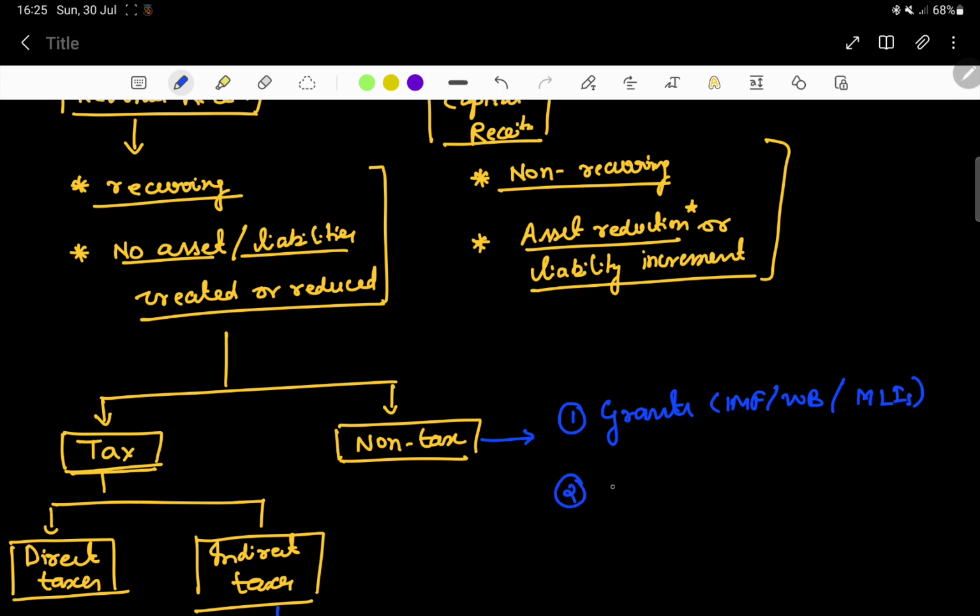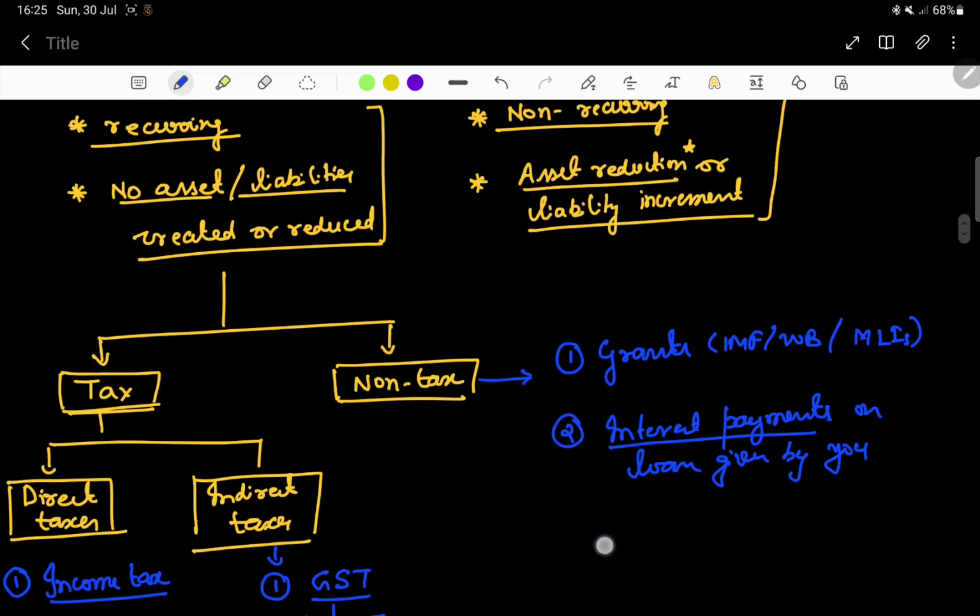Then you also get interest payments on loans given by you.